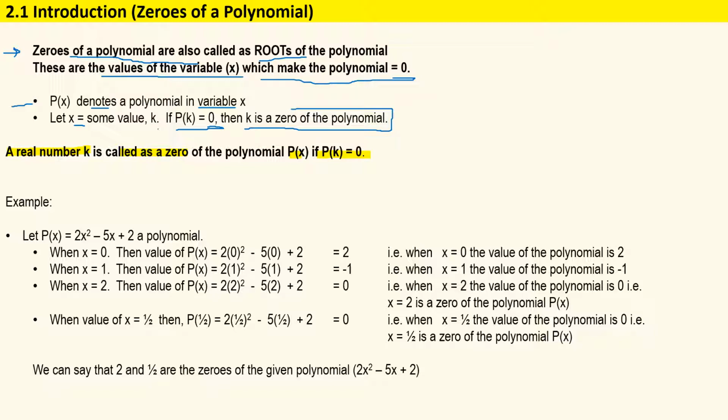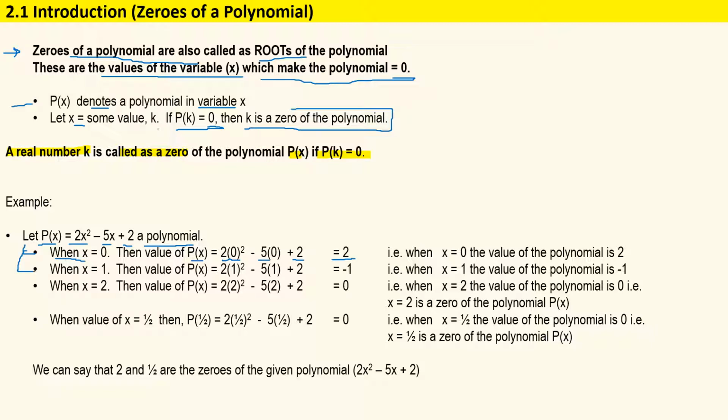Let's take an example. Let's say p(x) is equal to 2x squared minus 5x plus 2 is the given polynomial. And now let's start placing different values of x in this. Let's start with x is equal to 0. Then the value of p(x) becomes 2 multiplied by 0 raised to power 2 minus 5 multiplied by 0 plus 2, which is equal to 2.